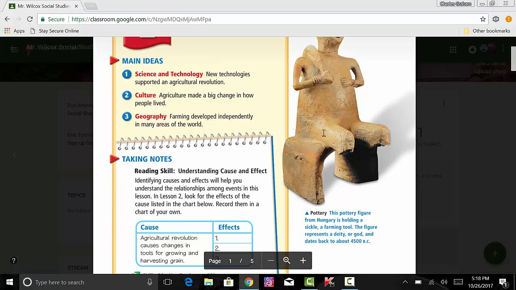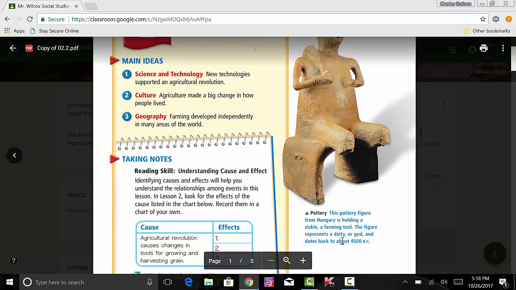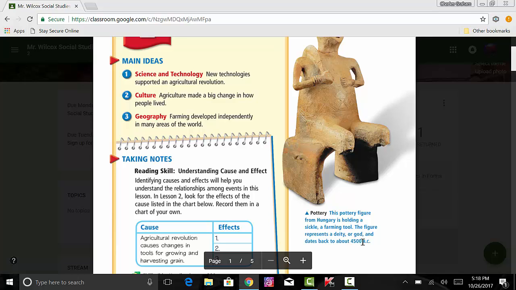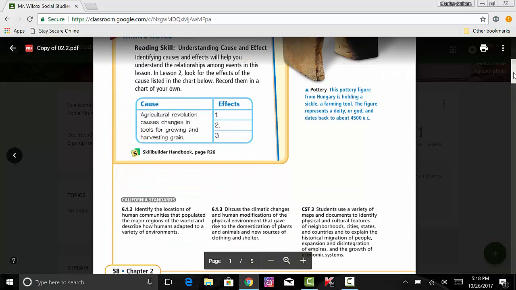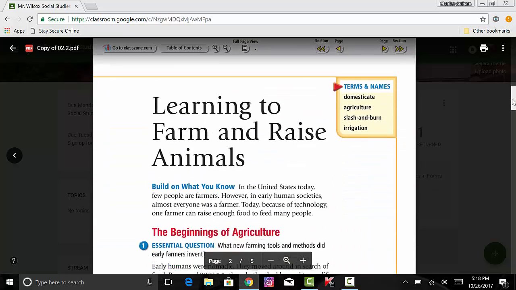So it took 4,500 years to get up to the year 0, counting backwards, and if this is 2017, then this statue is over 6,500 years old. It kind of puts things into perspective when you look at it.